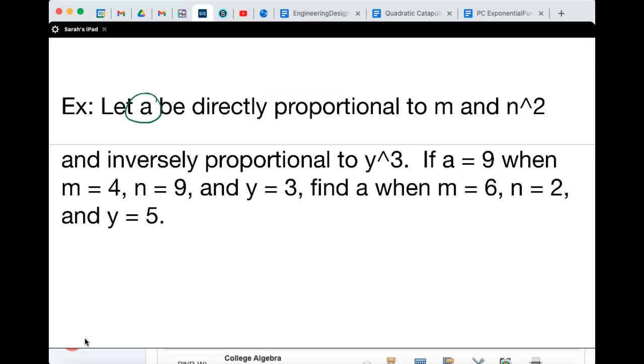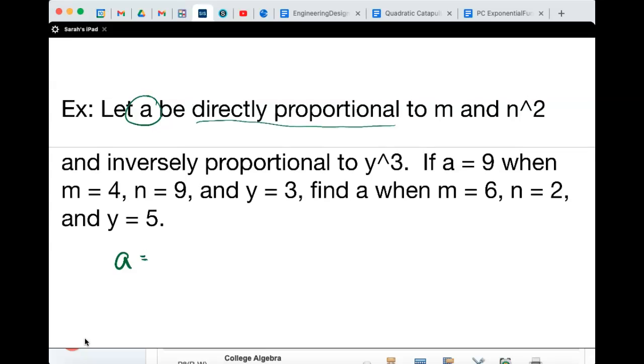So it has to be A equals, at least. So they say directly proportional to start, so that means we're multiplying. And we're multiplying these in conjunction with each other, m and n squared. And whenever I throw my variables in, I should always have my constant that I need to find.